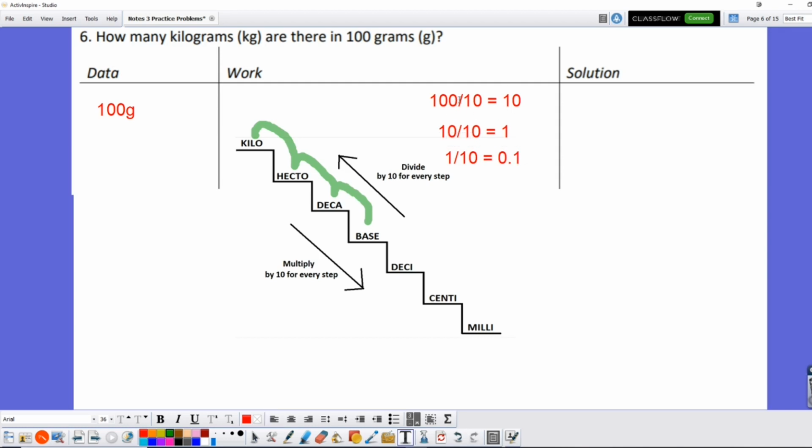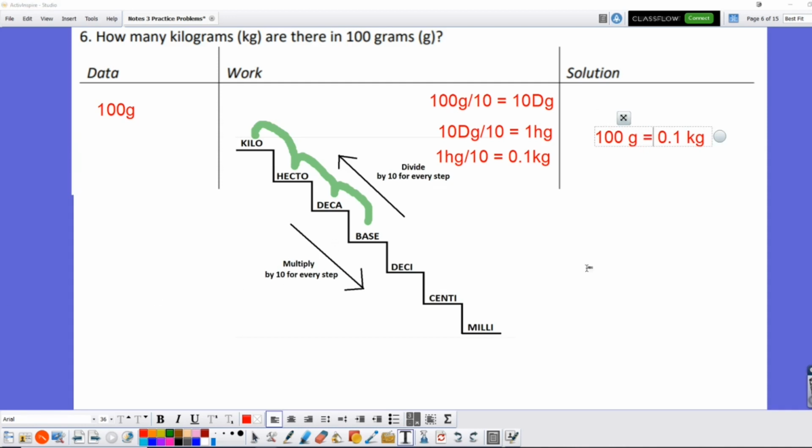So 100 grams, I'm just going to go ahead and put the units here as well, is equal to 10 decagrams. 10 decagrams is equal to 1 hectogram, and 1 hectogram is equal to 0.1 kilograms. Okay, so my answer here is that 100 grams is equal to 0.1 kilograms.